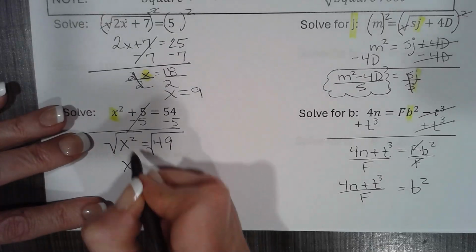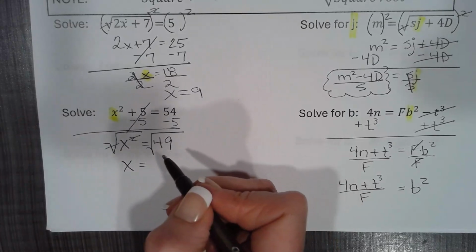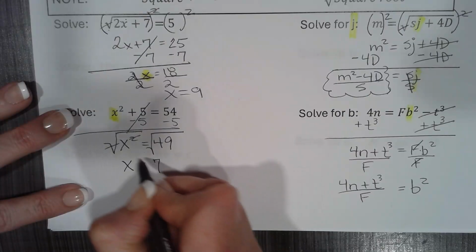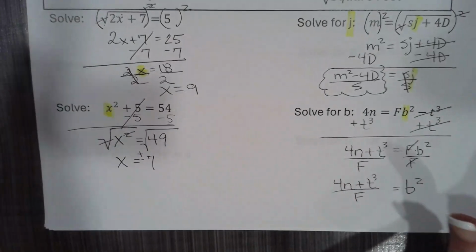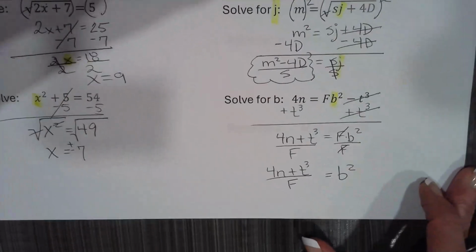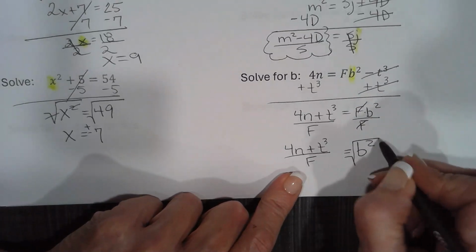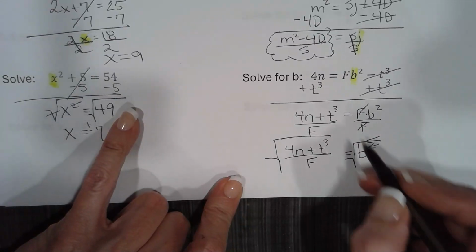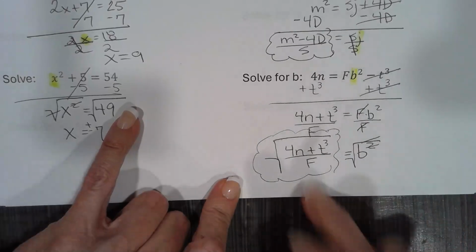The square and the square root cancel, and that's going to leave me with the square root of 49, which is 7, and it's actually 2 roots. It's a positive and a negative 7, but that's okay. You'll learn a little bit more about that next year. Here, I need to get the square off, so I am going to take the square root of both sides. So this is my expression, and notice it has a square root symbol on it.